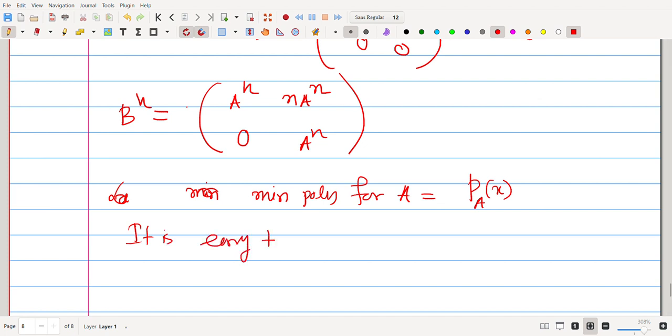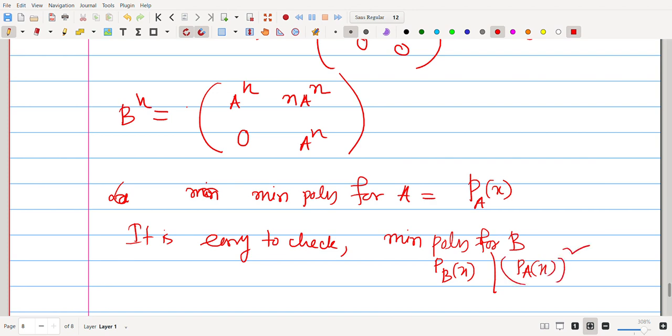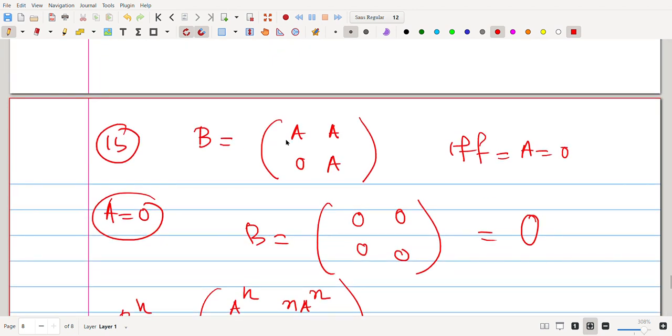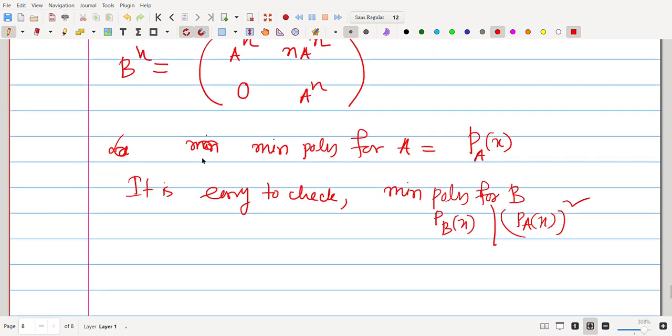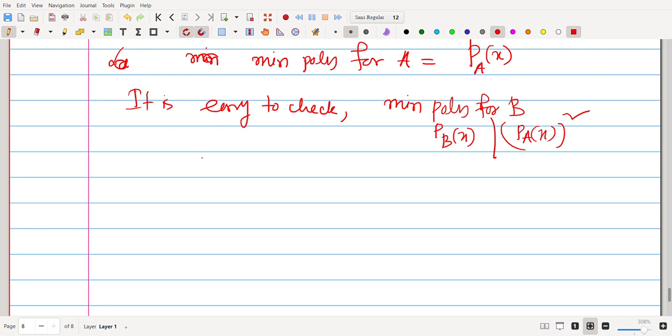Then it is easy to check that the minimal polynomial for B, that is P_B(x), must divide P_A(x) squared, because A is this, right? So the minimal polynomial for A is P_A(x), that means the minimal polynomial for B must divide this.